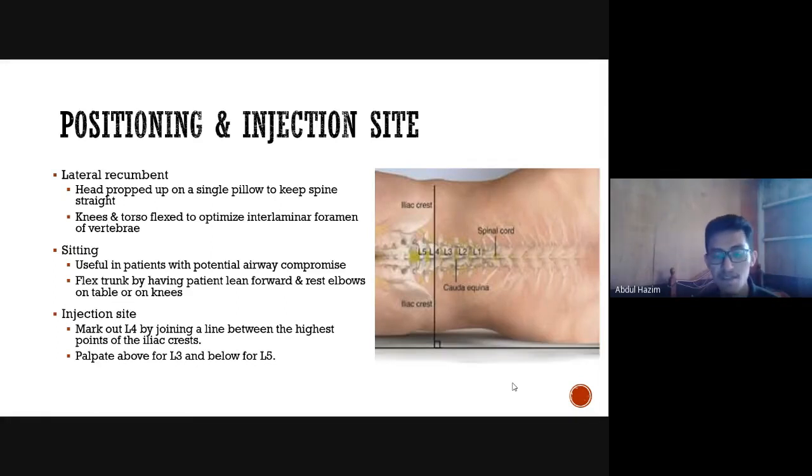The spinal cord ends at the level between L1 and L2, so basically we have to insert the needle much lower. The level of insertion is usually between L3 and L4 or L4 and L5. Okay, next.